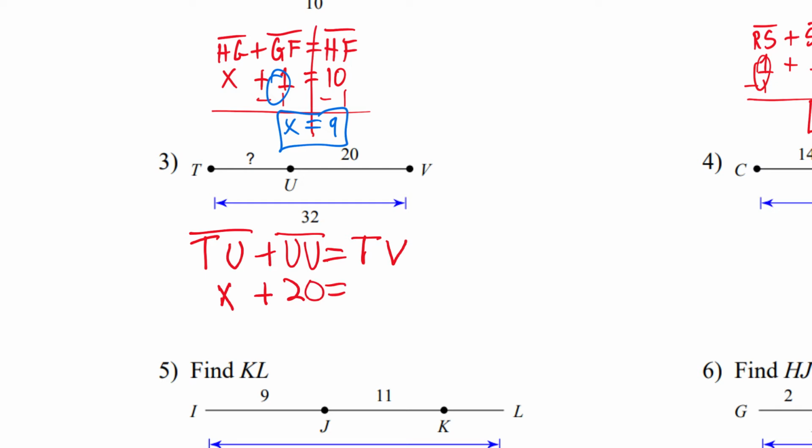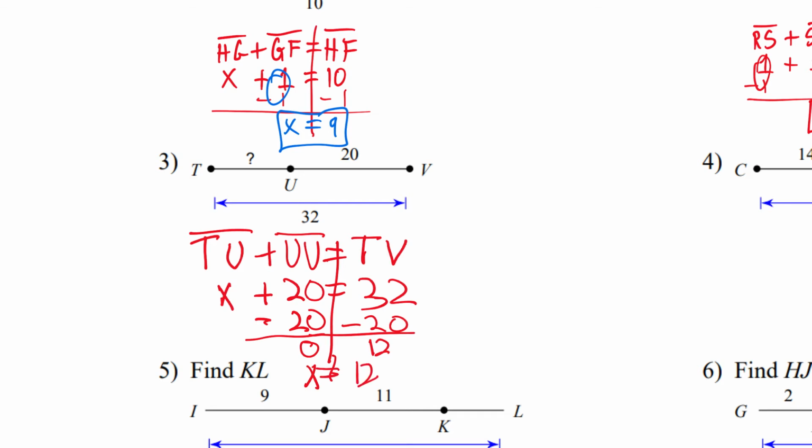So TU is where the question mark is, so that's our X. UV equals 20, and the whole thing TV is 32. So to solve for X, we're going to subtract 20 from both sides. 20 minus 20 is 0. That leaves just the X, so X is 12. So TU equals 12. Okay, good job.